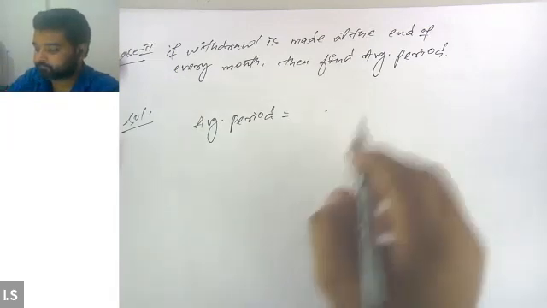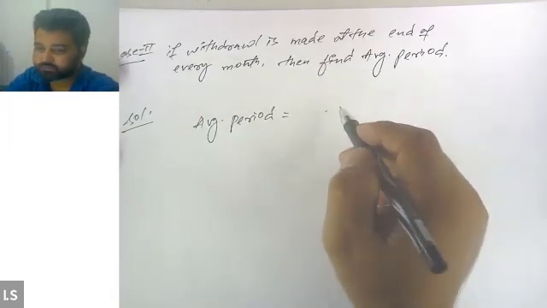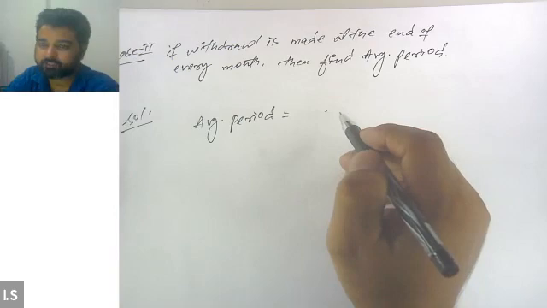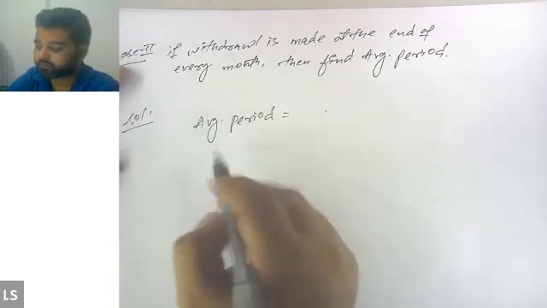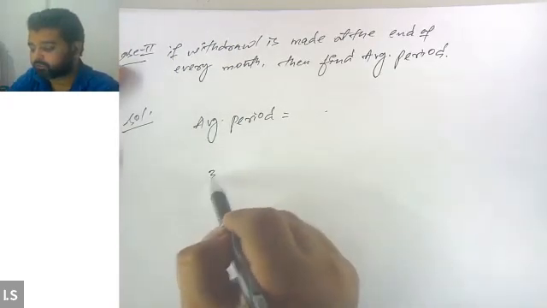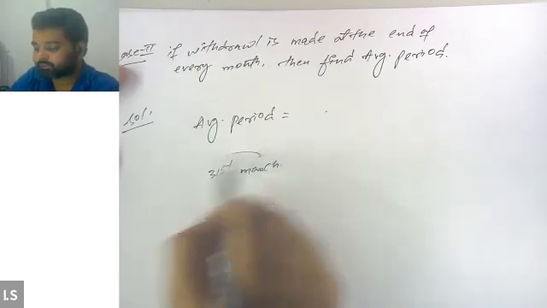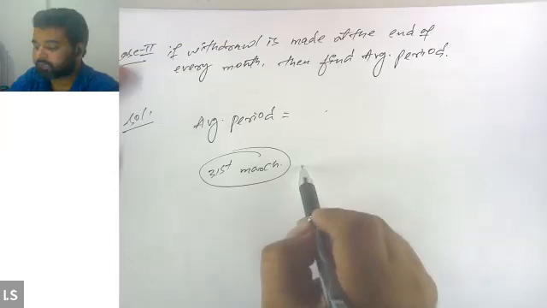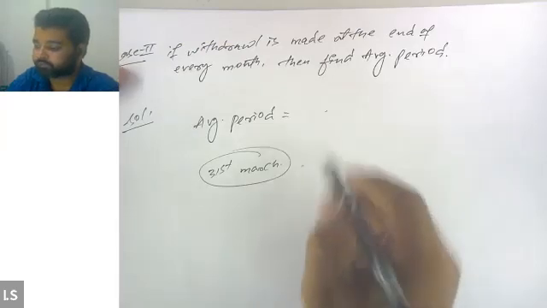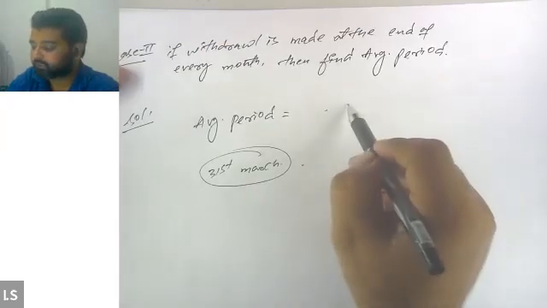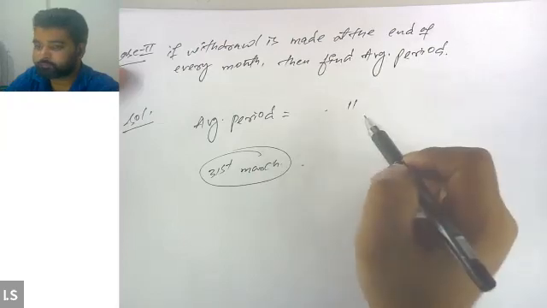Sir, 11 months. Correct, 11 months. Since the withdrawal will be made at the end of the month, the first withdrawal must be made on the 31st of March. So excluding the March month, we will have 11 more months after the first withdrawal. So the months left after first withdrawal will be 11.